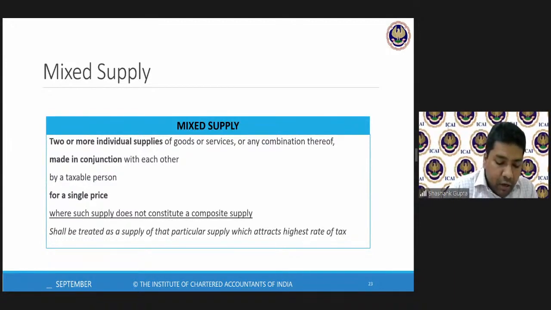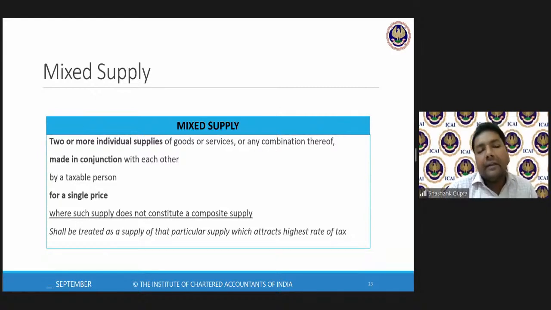Now the next concept is the concept of mixed supply. Friends, what I can broadly tell you is any combination of supplies which is not a composite supply is going to be a mixed supply.